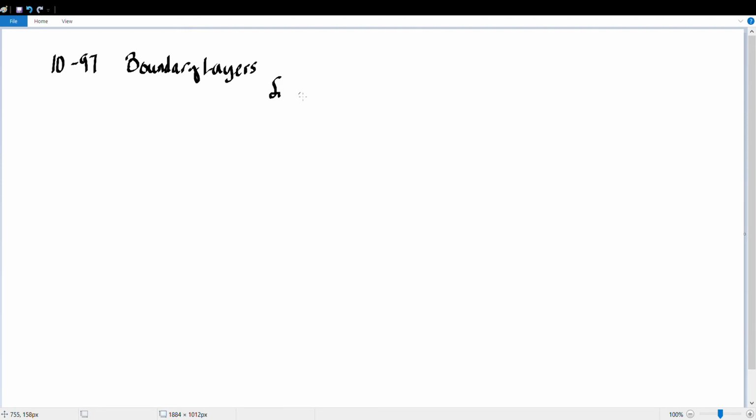It's a lowercase d in Greek. This stands for basically a boundary layer, specifically the boundary layer having to do with the velocity, as a function of x, well, a function of x and y.